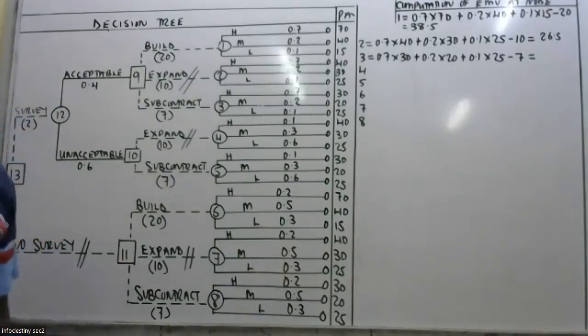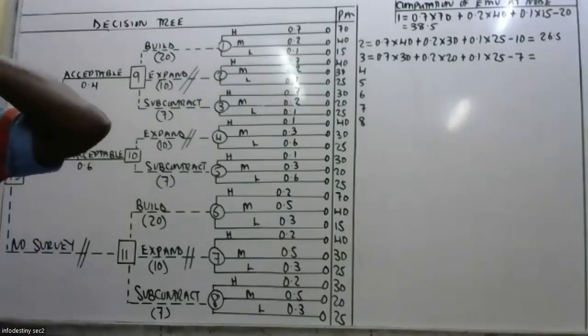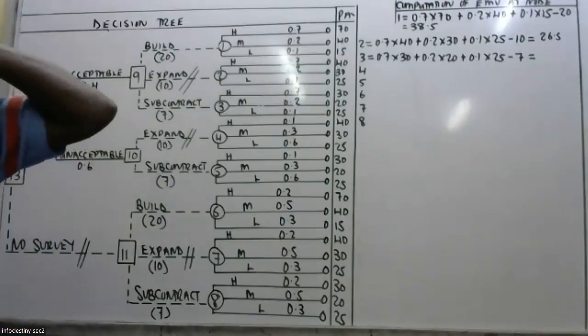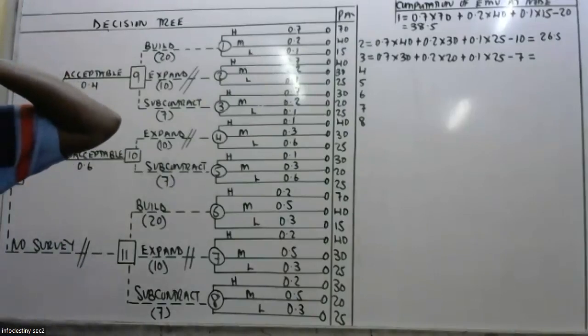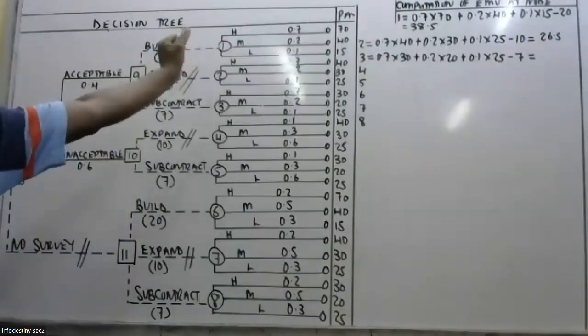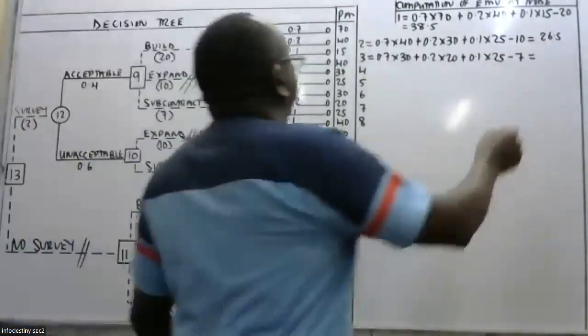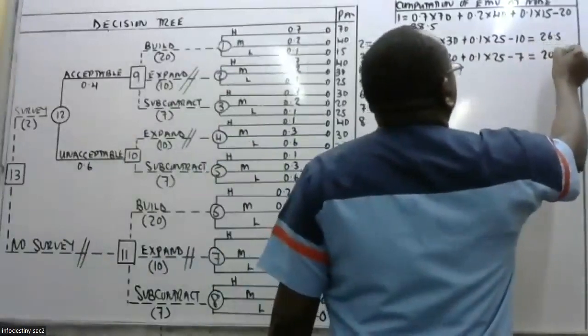Should be through. Number 4 is 20.5. The total is 18.